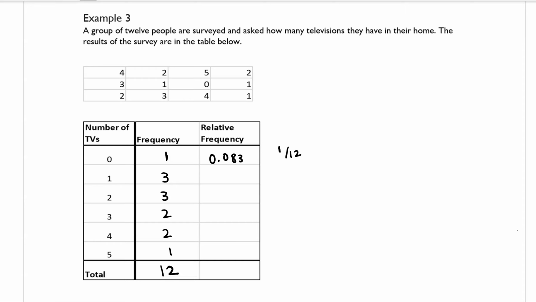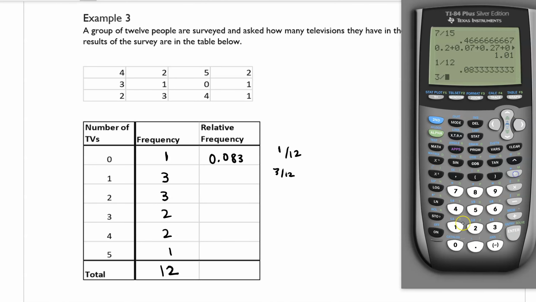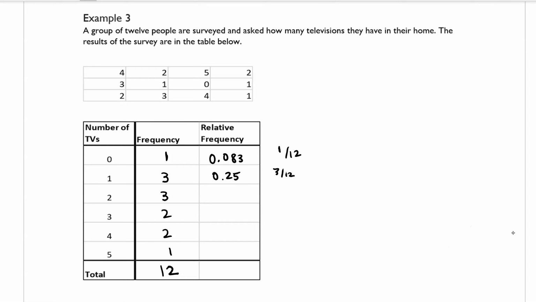And then we want to calculate 3 out of 12. And that's 0.25. The nice thing is that you don't have to calculate it again for the next one, since that's also 3 out of 12. So you can just rewrite the same decimal. And same thing for the 1 down here. We can just rewrite the same decimal.